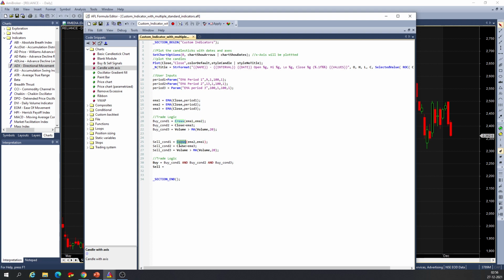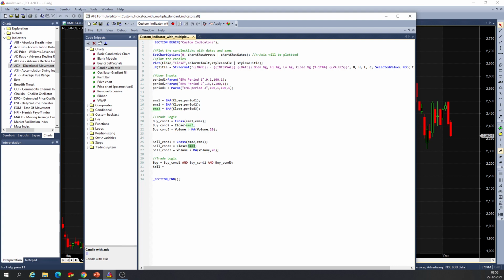As I said, in the cross function you need to give the name of the array which will be higher. So here in the sell, you're talking about a crossover of the shorter period average going below a longer period average, which means it's bearish, so you will sell.